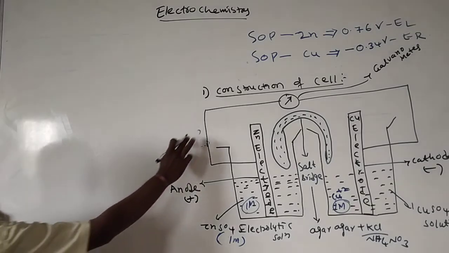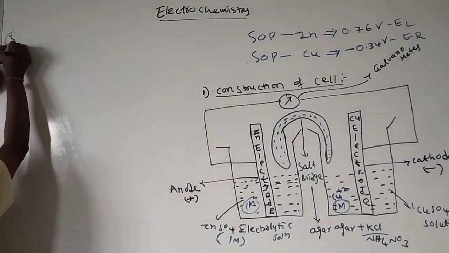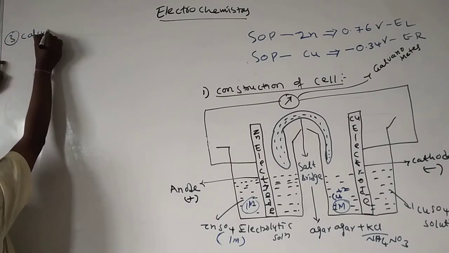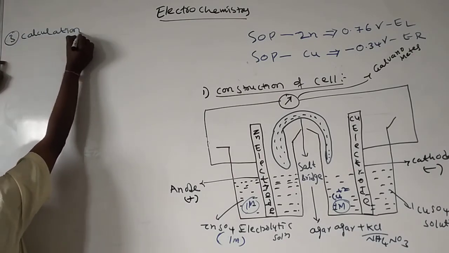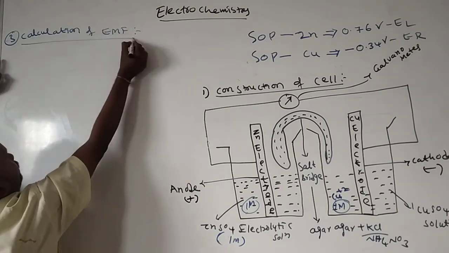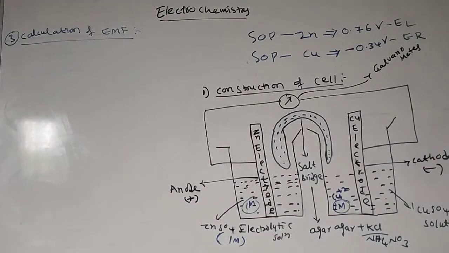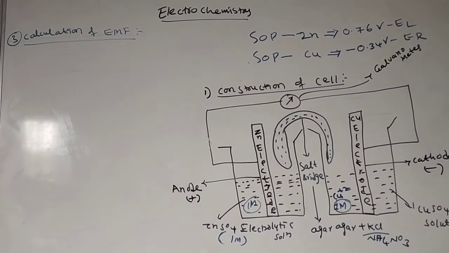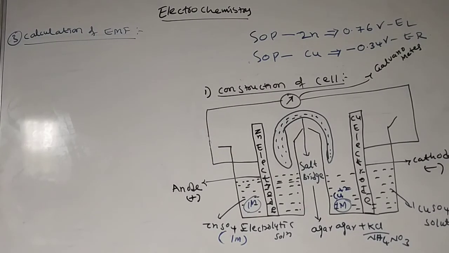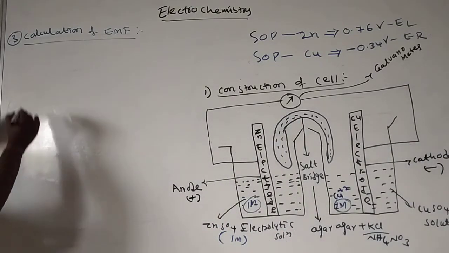Third step. Calculation of EMF. EMF is the potential difference observed between the 2 electrodes of the cell.